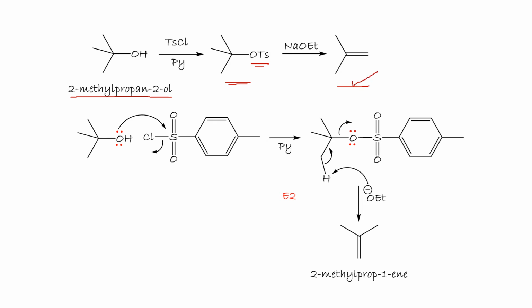So that is the first step, tosylation to form the alkyl tosylate. The base takes the hydrogen out, forms a double bond, and gets the tosylate anion out. It's an E2 mechanism, giving 2-methylprop-1-ene, or what we call by its common name, isobutene.